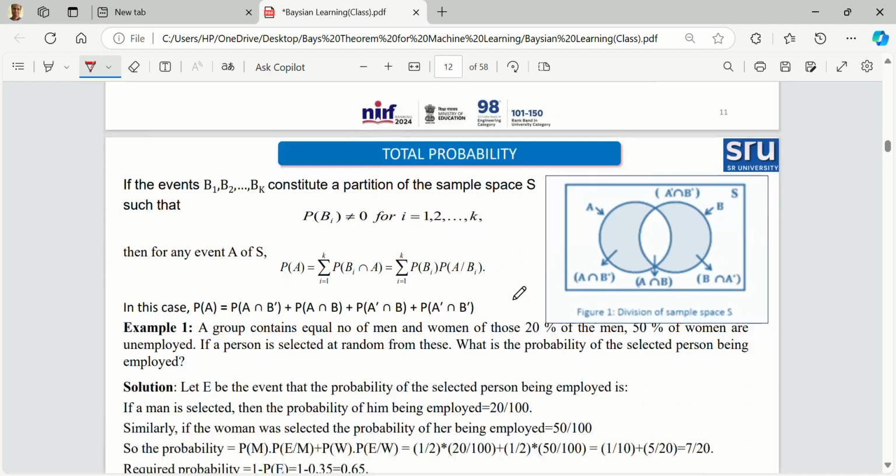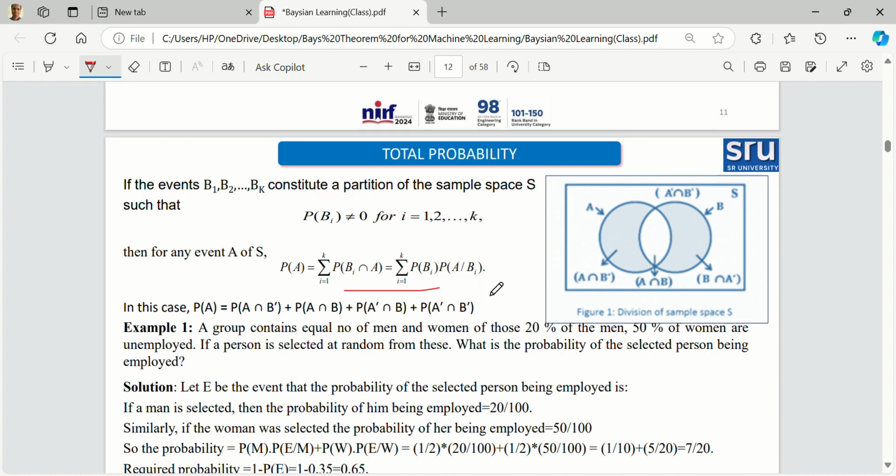Then total probability. Suppose we divide a sample space into k partitions, and in every case the probability of Bi is not equal to 0 for i equal to 1 to k. Then for any event A of S, probability of A is equal to the sum of probability of Bi intersection A, which is equal to probability of Bi times probability of A given Bi.